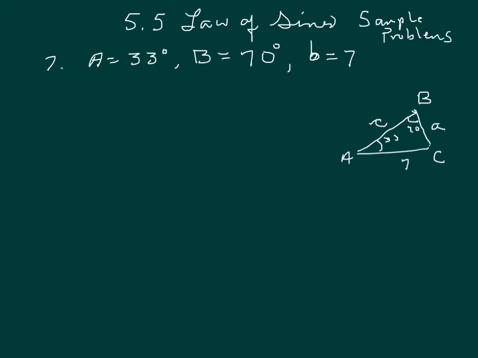In problem 7, we are given that A equals 33 degrees, B equals 70 degrees, and little b, the side, equals 7. The first thing to do is to draw roughly a triangle of what this might look like. I've drawn A of 33 degrees, B of 70 degrees, and a little side b here of 7.